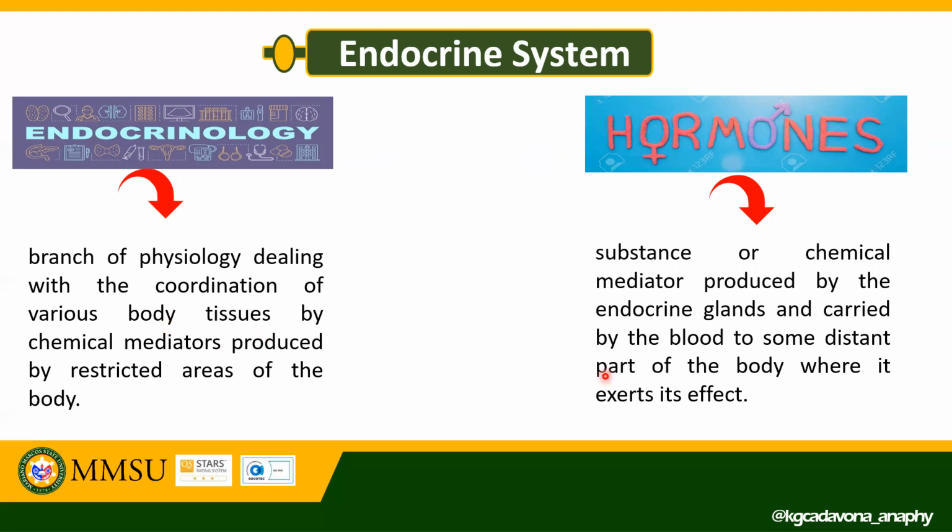So on the other hand, when we see endocrine system, this is a network of glands that secrete the hormones which provide chemical control of various functions of the body. Kasi as what I have been mentioning, these endocrine glands secrete chemical compounds which are called as hormones into the blood system. So ano ang ginagawa ng mga hormones na to?